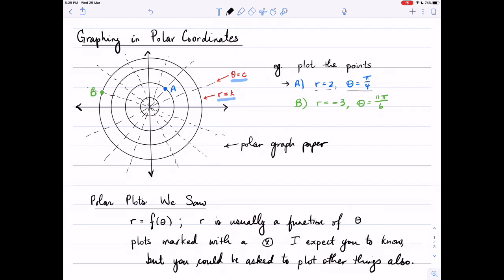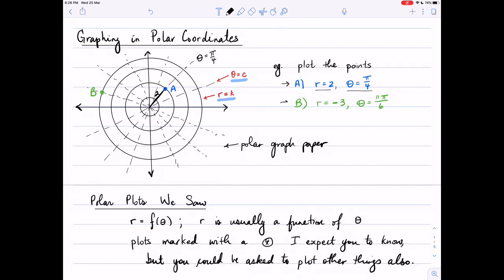On a graph like this, you're going to go to where the angle theta is pi over 4, and then you're going to look up from the origin a radial distance of 1, 2. So 2 units, there's our radius of 2 along the dotted line where theta is pi over 4. So that gives us point A.